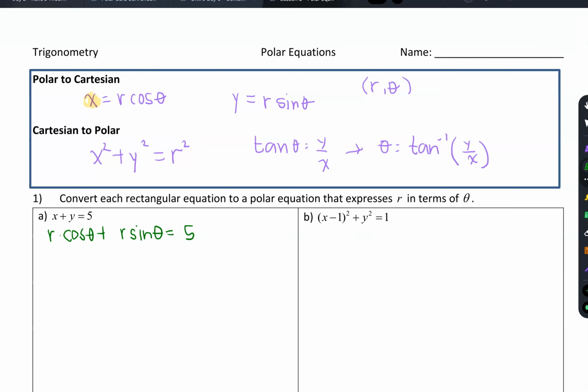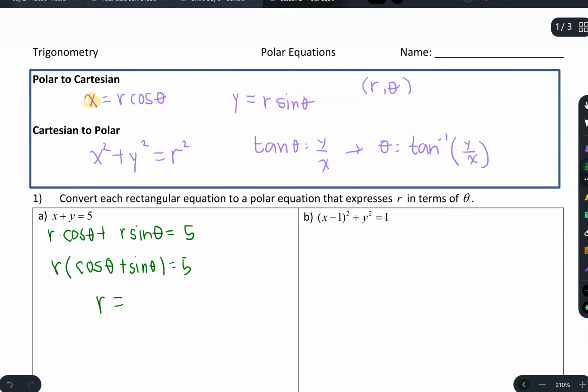Okay. So to put this into a polar equation, we can factor out the r, and we'll have cosine of theta plus sine of theta is going to be equal to 5. Then I can divide both sides by cosine of theta plus sine of theta. So r is going to be equal to 5 over cosine of theta plus sine of theta.